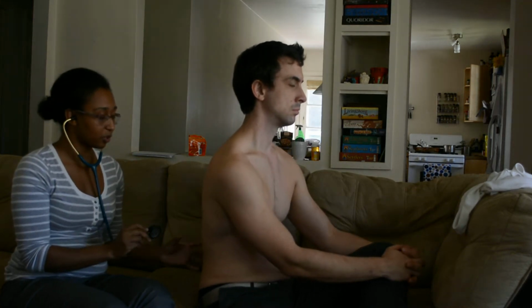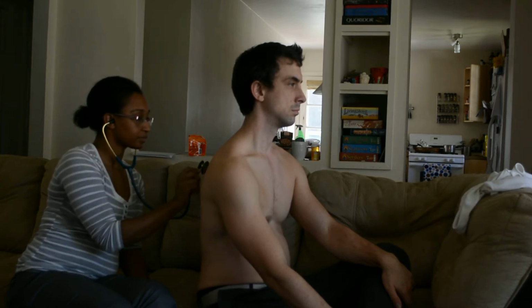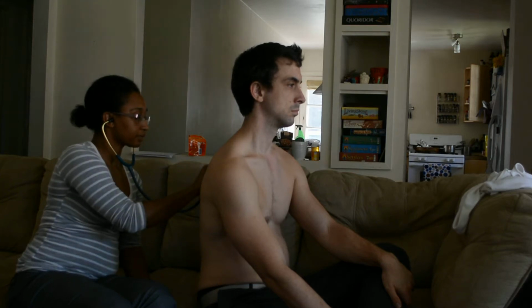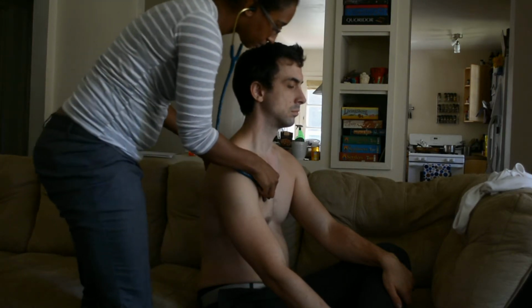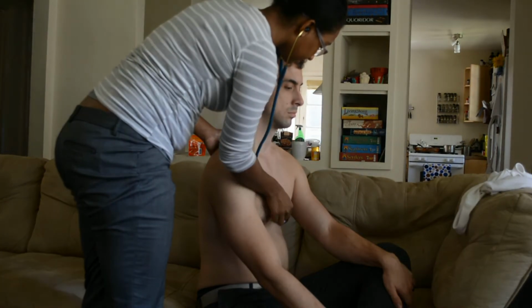When auscultating the chest, I normally start at the bottom, especially in patients who may experience difficulty breathing, because you're most likely to have fluid gathering at the bottom of the chest, and that's where you're most likely to hear adventitious breath sounds. Just keep breathing for me. But breath sounds appear to be clear in all fields, which is the normal finding.